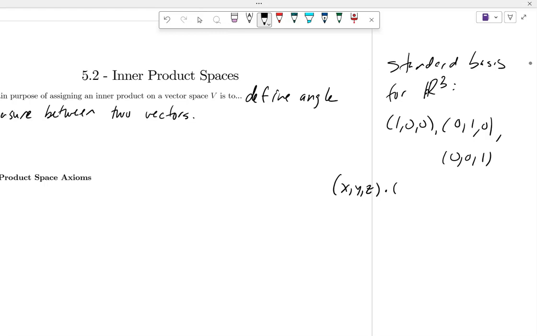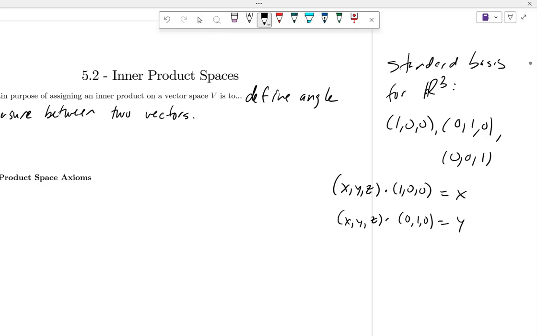I can find the first coordinate by simply taking the dot product of the vector with the first element in my basis, right? I can do the same thing to find the second coordinate by taking the dot product with the second vector in my basis, and then do the same thing for the third one.